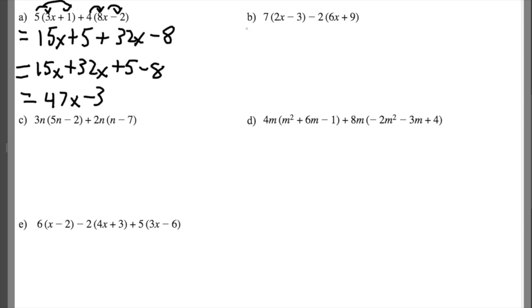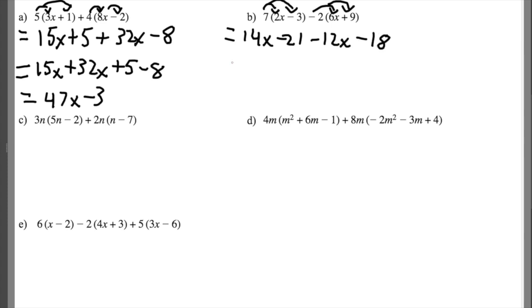All right, for b, we're going to get the 7 to multiply, again applying the distributive property, and then we'll get minus 2 multiplied in for 6x and 9. So again, we get 14x minus 21, and we have minus 12x and minus 18.